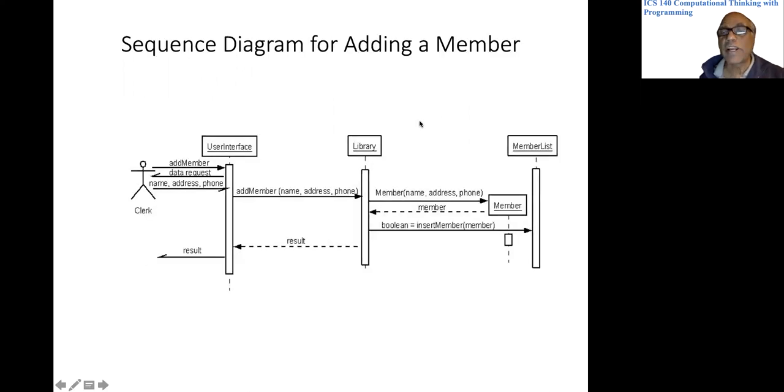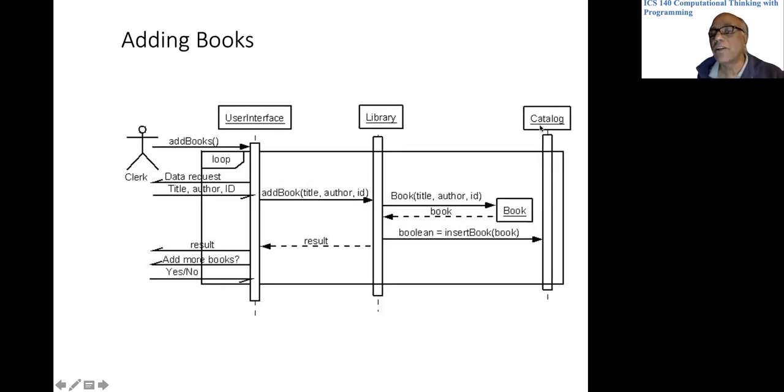But then we are creating a member in the add member sequence diagram, and we have a member list. Instead, we have the catalog and the book for obvious reasons. The flow is very similar, as you can see here.